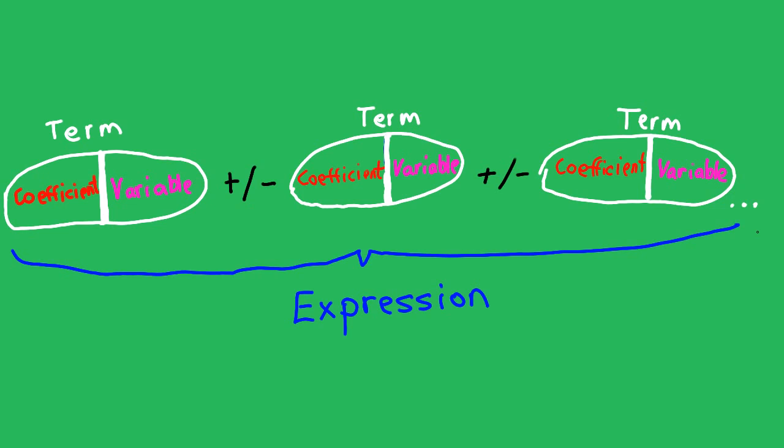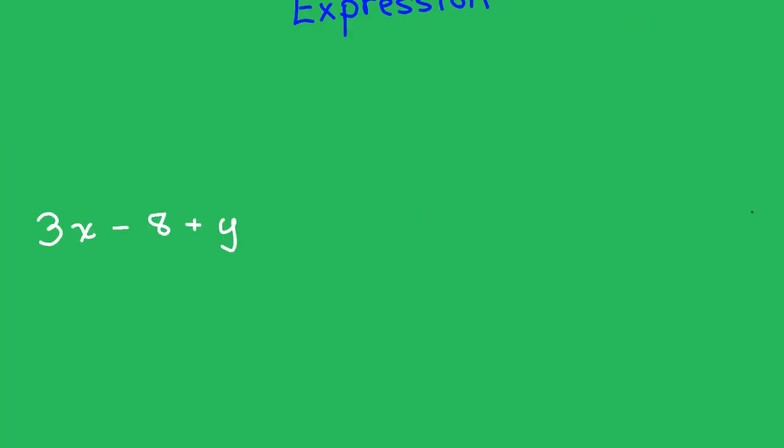You see that we have an expression that's made up of terms which must contain a coefficient, and they also may contain a variable as well. The terms in an expression are separated by a plus or minus sign, and there can be any number of terms in an expression. So let's go over some examples to make sure we know what we're talking about here.